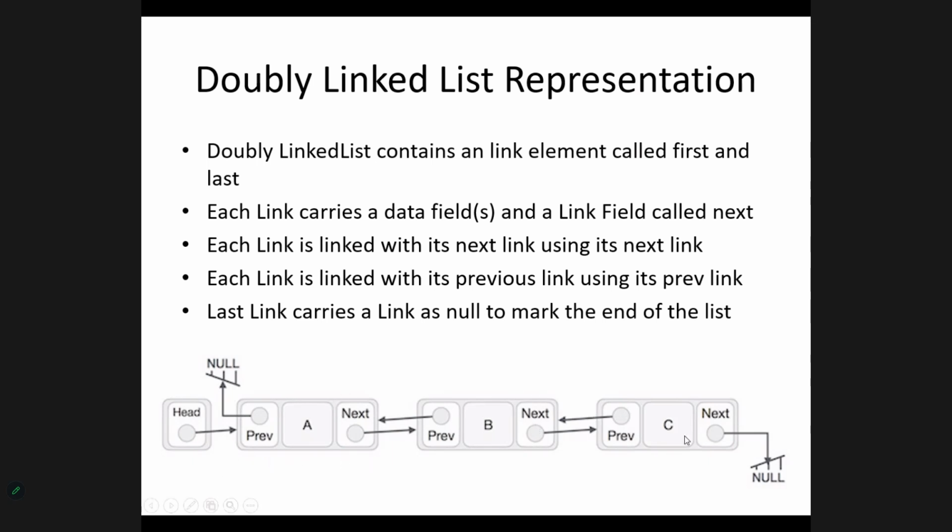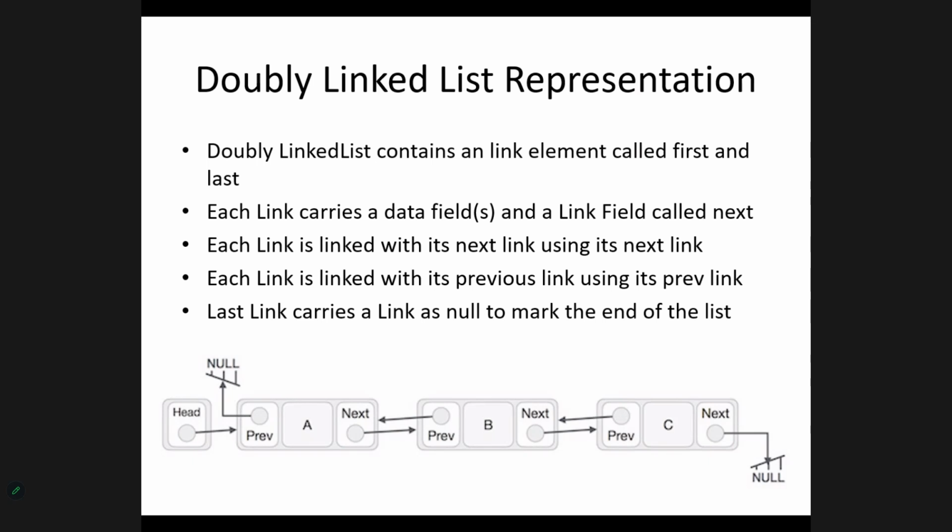And here you can see, if you look at the first one, the head is representing the first container, but the first one's previous should be null, right? And also the last one's next should be null, right? Both the last one's next and the first one's previous should be null, because we are talking about a doubly linked list.